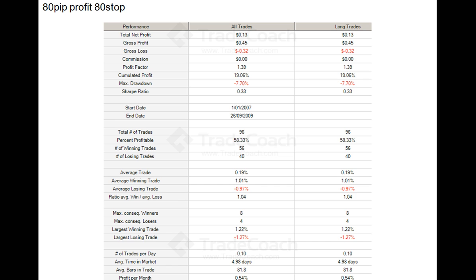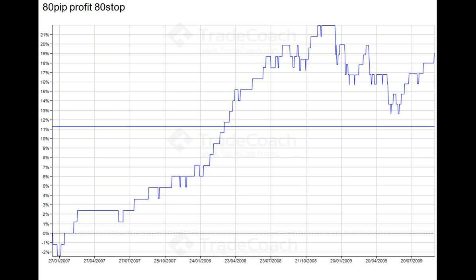When you put together your stats on how your trading plan has performed over the last 2.5 years, you can also work out what the average amount per trade is. So with 110 pip profit, 80 pip stop, you're making $110 or you're losing $80.